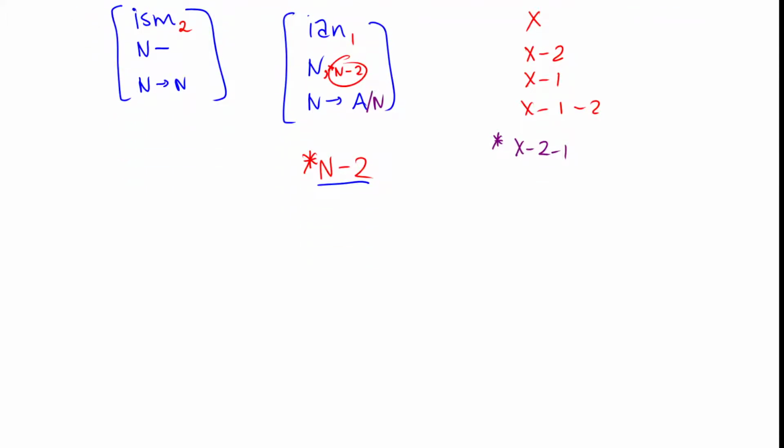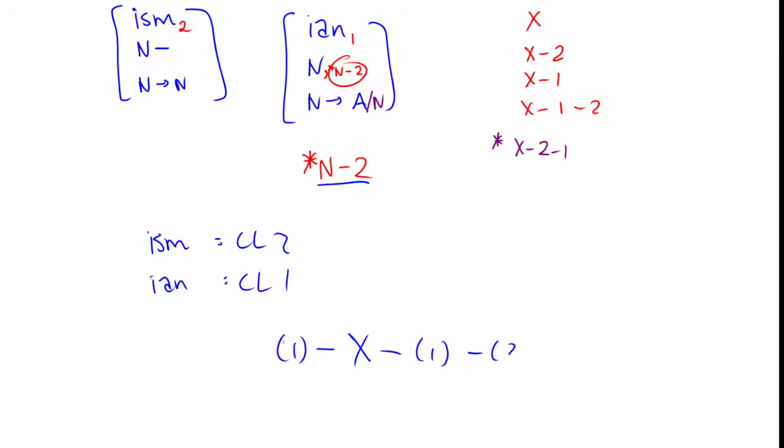Or you could just create bare lexical entries for ism and Ian and use words to describe things. So you could say ism is CL2, Ian is CL1, and when we have some form X, we have to have it building up like this, where we have 1s and 2s.